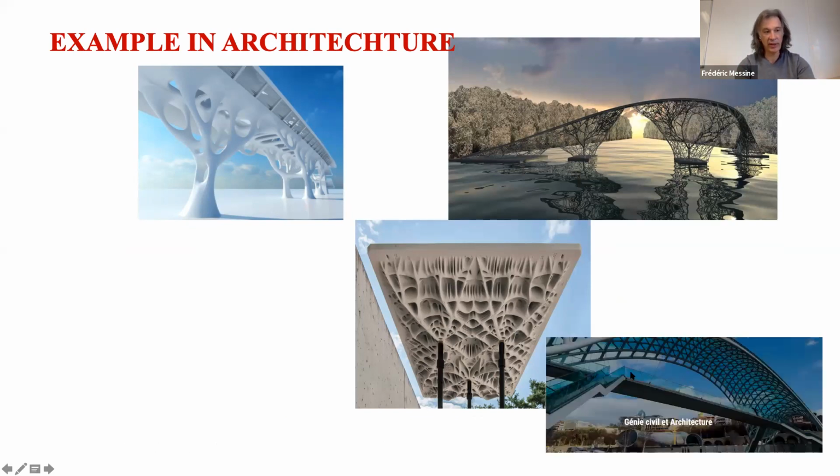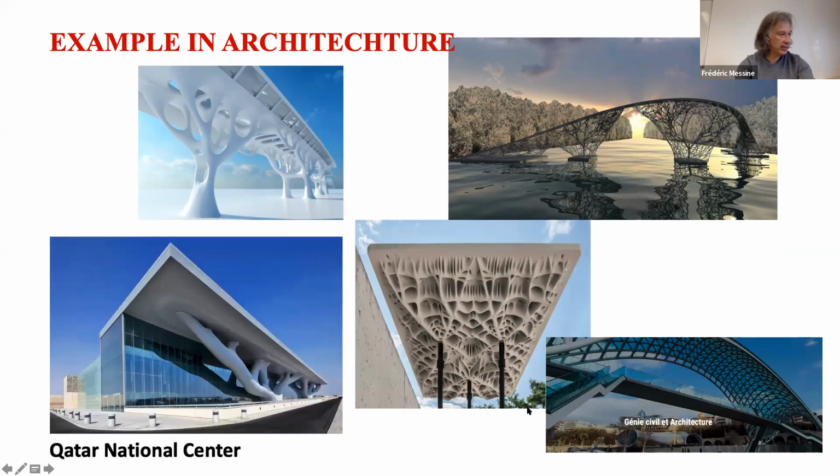You can have also a beautiful bridge like this, and in Qatar, you have the Qatar National Center, and you can see the structure which maintains the concrete over there. It was obtained using topology optimization, minimizing the weight, and you can see that's kind of a tree with some branches, that's quite nice.